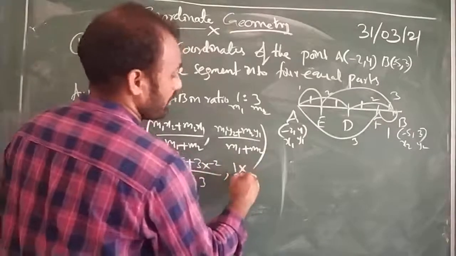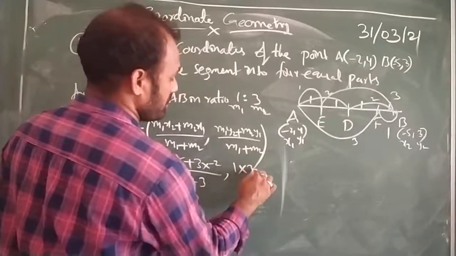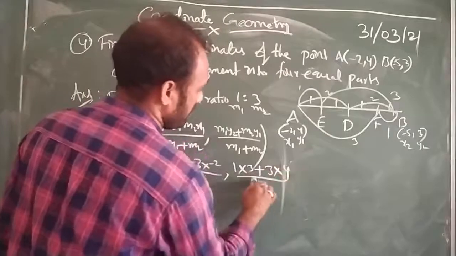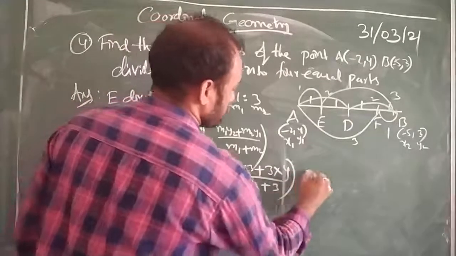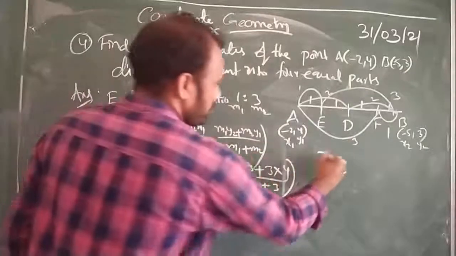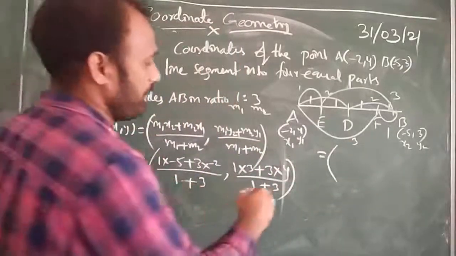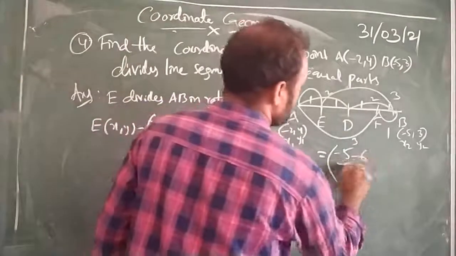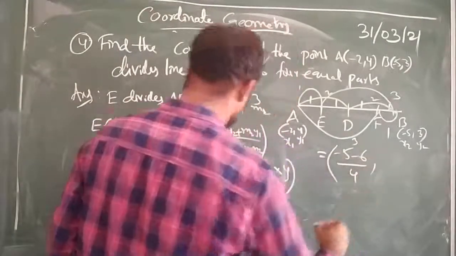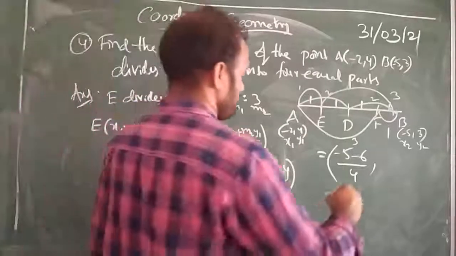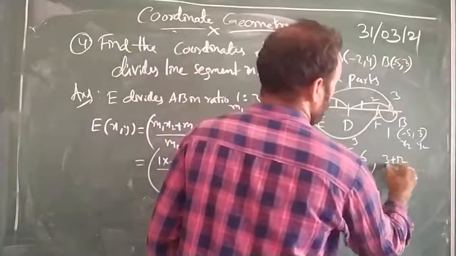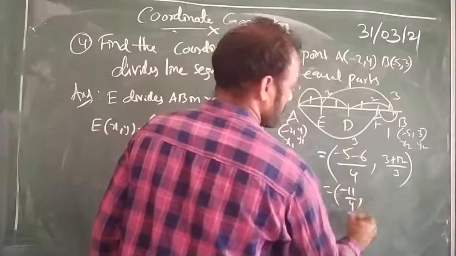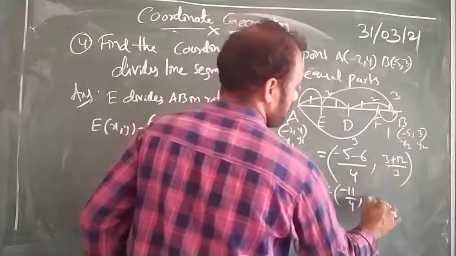Next, m1, 1, into y2, 3, plus m2, 3, into y1, 4, divided by 1 plus 3, that is equal to minus 5 plus 3 into minus 2, so minus 11 divided by 4, comma, 3 plus 12 divided by 4, which is 15 by 4.